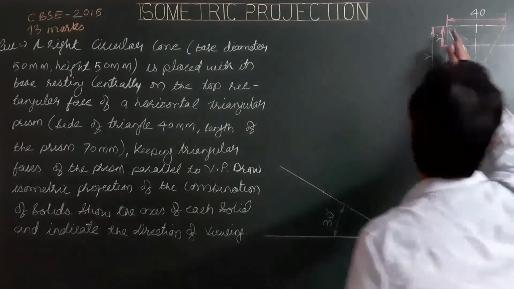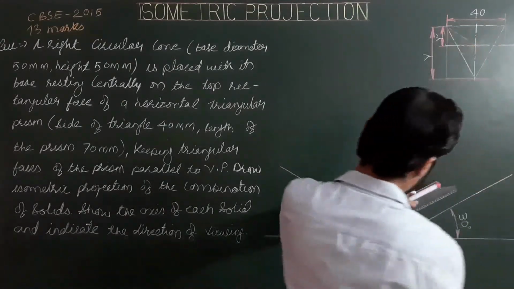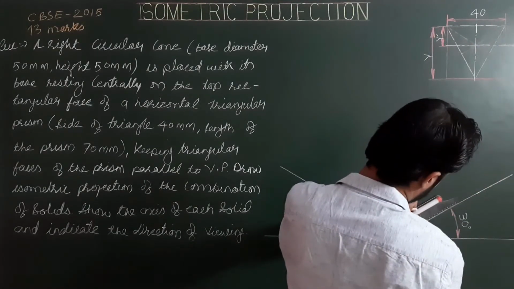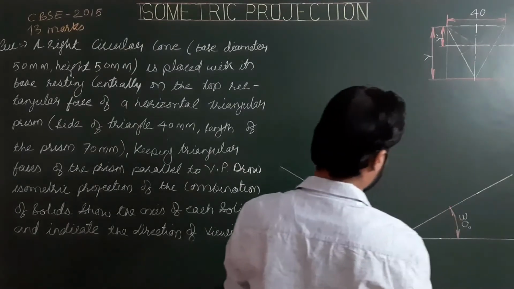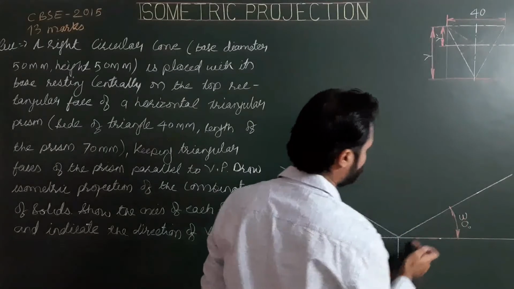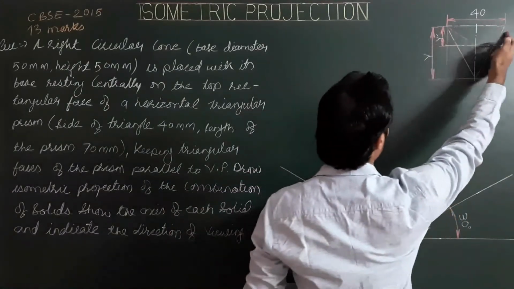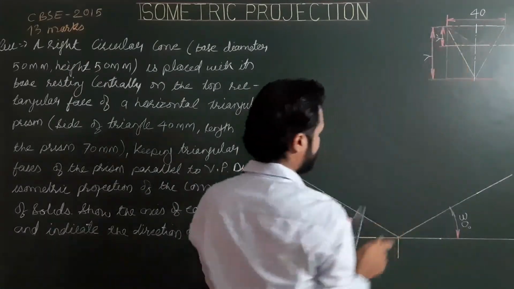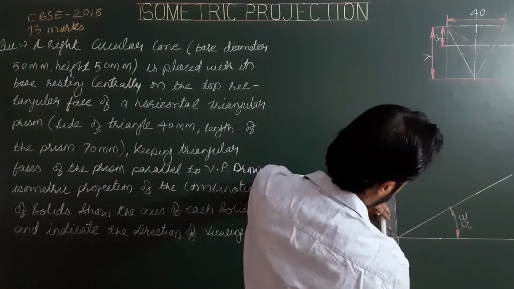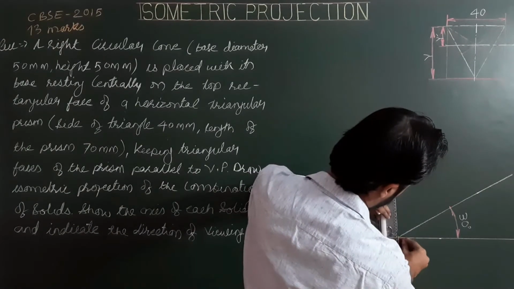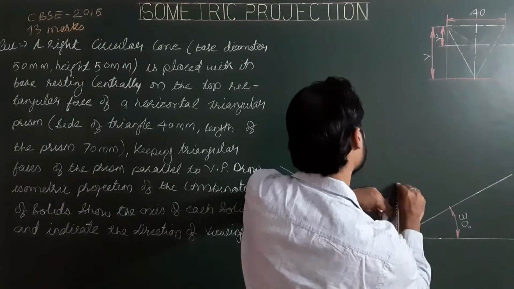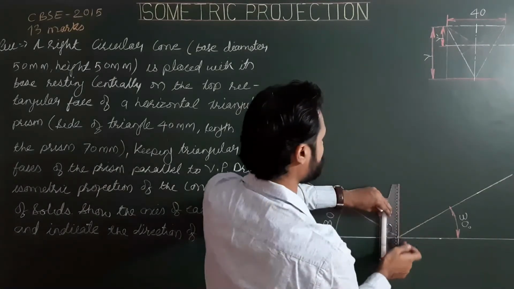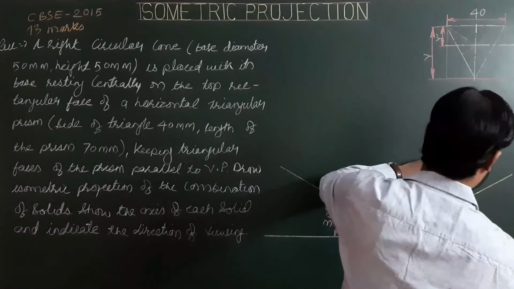So along the first iso axis we have to mark 40, and y along the vertical iso axis. Vertical iso axis means parallel to the third iso axis or parallel to the vertical axis.